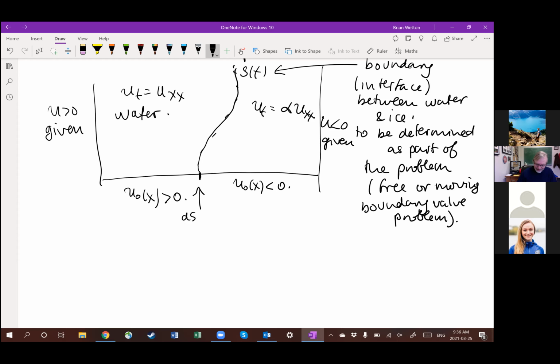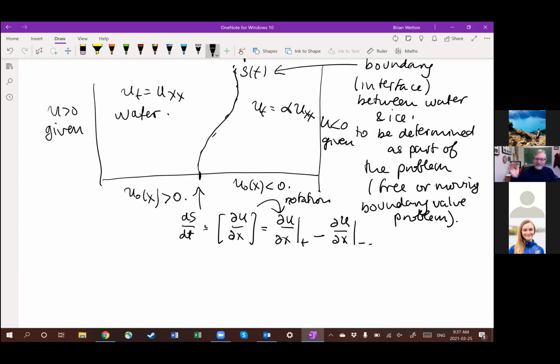And I also need another condition to tell me how S moves. And so there is an explicit velocity condition given by the jump in the partial derivatives. This is notation for the derivative difference between the right and left sides, or left and right sides, I guess I should say. And this was all scaled.